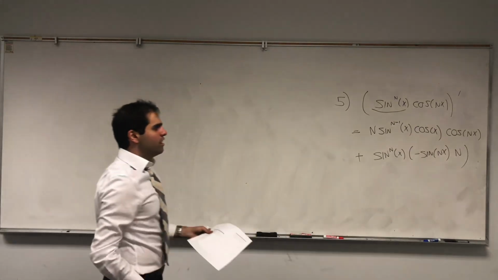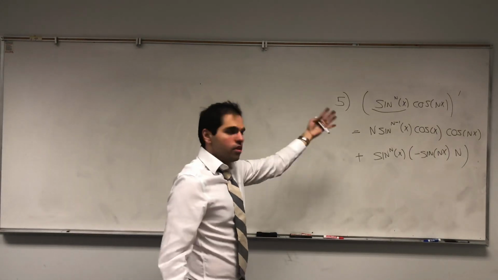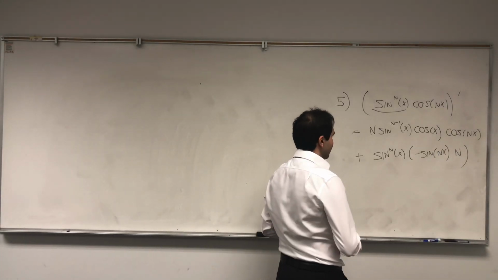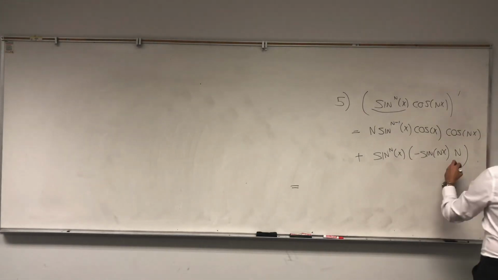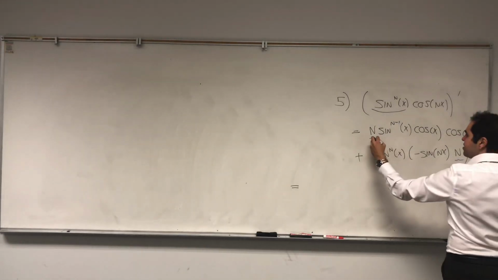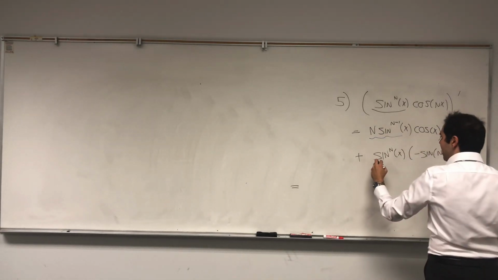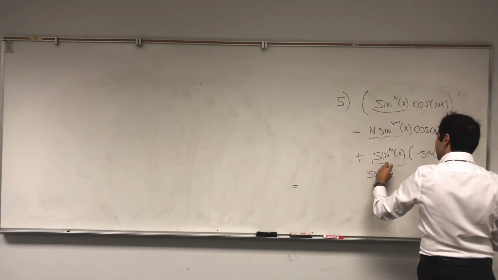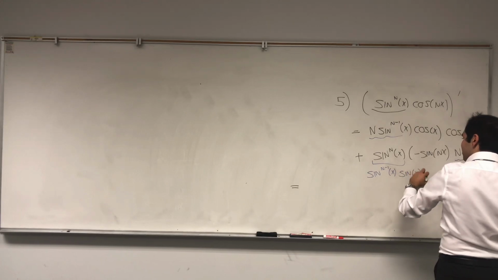Of course you could leave it like that, but it's not very nice. It's best to simplify it a little bit, and in fact it's quite a nice simplification. So let's look at the common terms. There's an n here, there's n sine to the n minus 1, and there's sine to the nth power, which is the same as sine to the n minus 1 of x times sine of x.